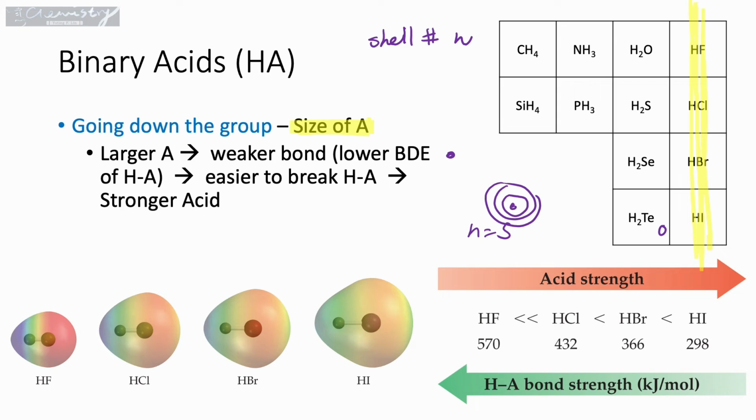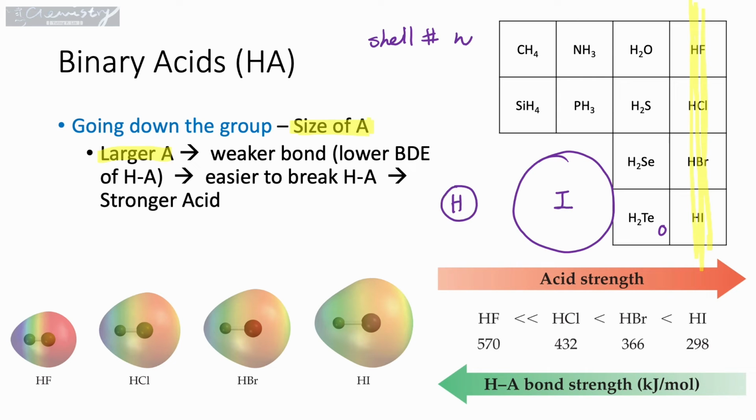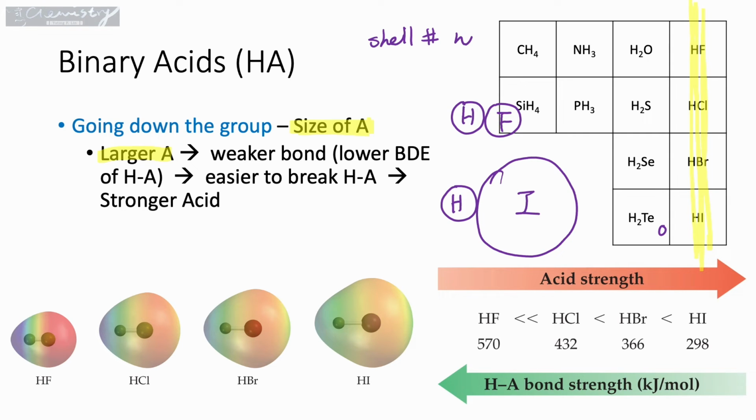So if we have a larger nonmetal, then that means that we are going to have a weaker bond. You can imagine that because we're bigger. Let's look at I, it is this big, H is this big, so they're further away from each other compared to F and H. Okay, I'm totally exaggerating this, but looking at the distance between H and I and H and F, you can see that H and I is further because I is bigger.